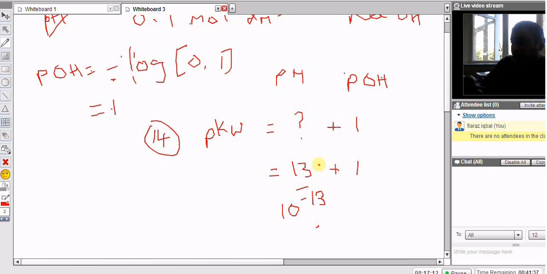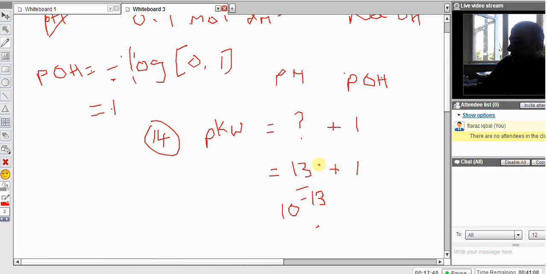So we could do the opposite. If someone gave me a pH, I could work out the pOH. Okay, something had a pH of 3. I know the pOH will be 11. If it had a pH of 6, I know the pOH will be 7. Right? Well, no, it wouldn't. It would be 8. 8 plus 6 is going to be 14. I could get the basic maths right.